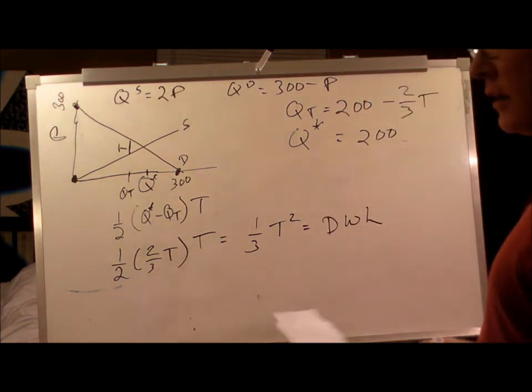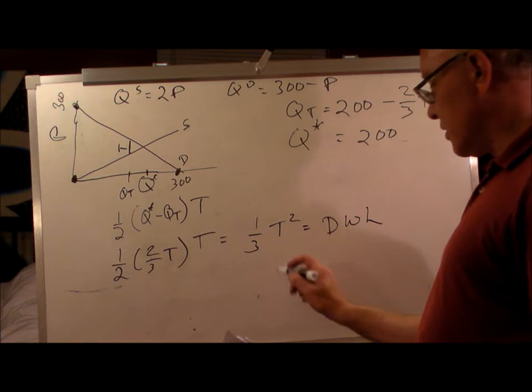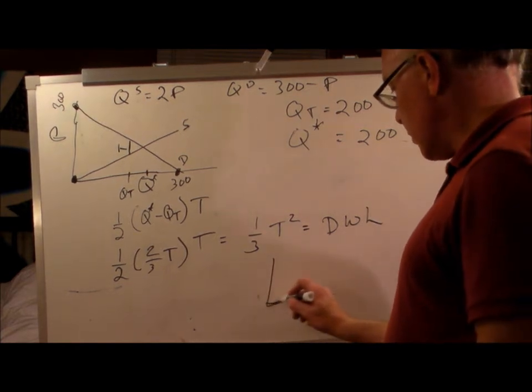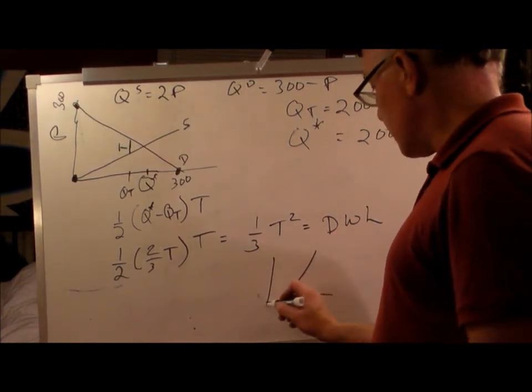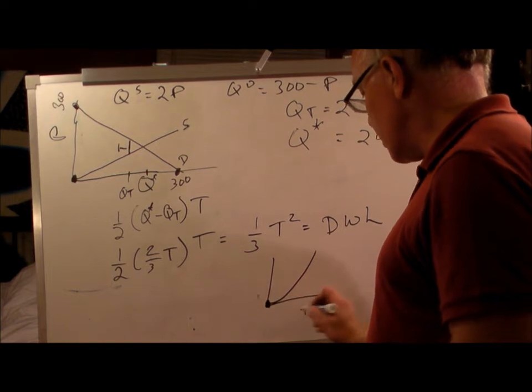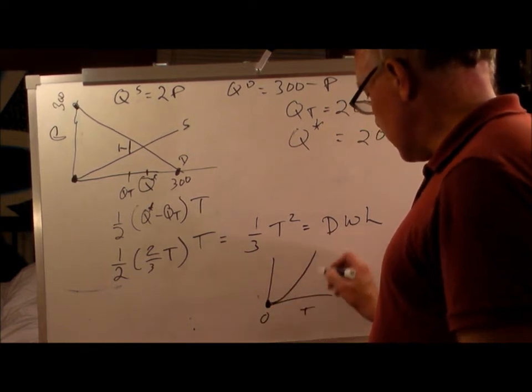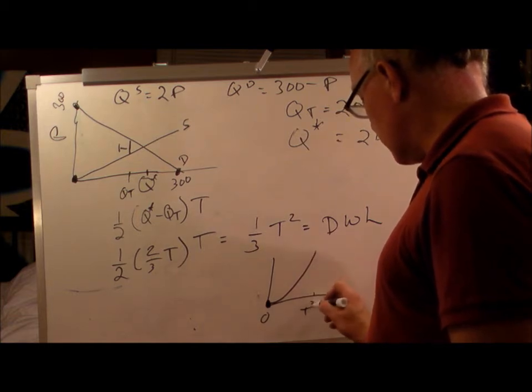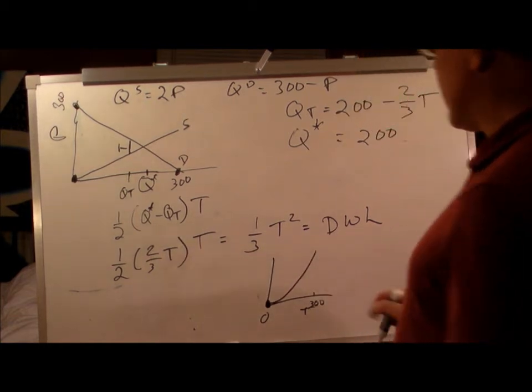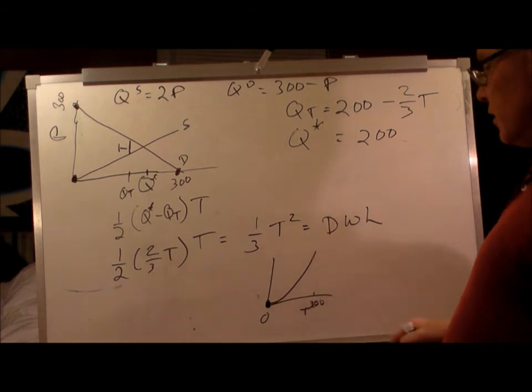And so we can, of course, graph this. 1/3 T squared is going to be a parabola kind of thing that we can graph between a tax rate of 0, because we know there'll be 0 deadweight loss at 0, and this would be at 300. And we can even calculate what this is going to be at 300.